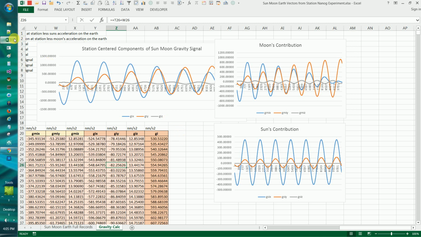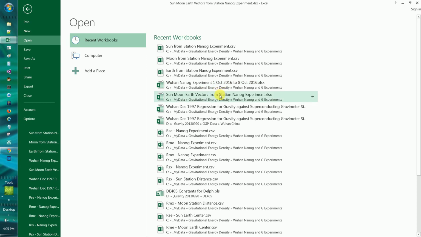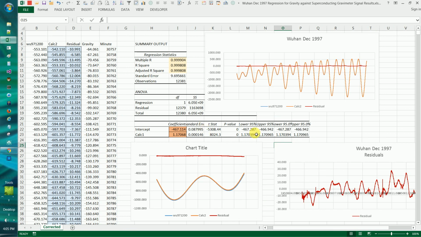If we look at the actual data in here, this is a superconducting vertical signal. Okay, superconducting gravimeter vertical signal. The blue, which you can't even see in here, it's just slightly out of whack in here.